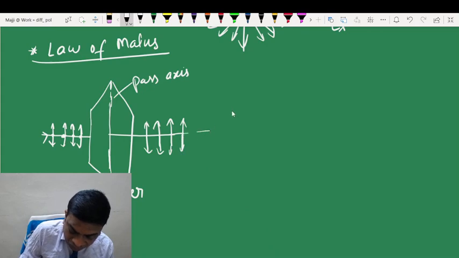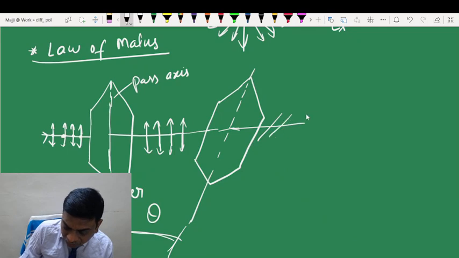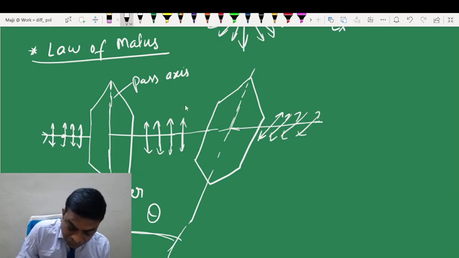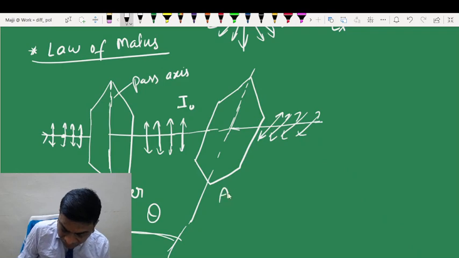Now what happens? You have another Polaroid and its pass axis is inclined by some angle, let us say theta. Then here only those electric field components will come out which are parallel to the pass axis of this. So the intensity of incident light, if it is like this, I naught here, this is the analyzer.